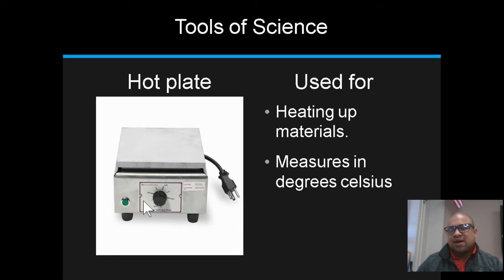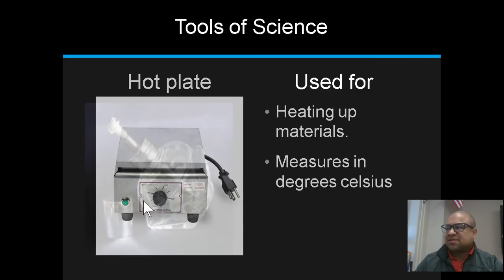That's much different compared to 32, where water freezes, and 212, where it boils, using the English-based version. It's much easier to remember 0 and 100. And so once again, it makes its measurements using degrees Celsius, and they can get extremely hot, over 200, sometimes 300 degrees Celsius.